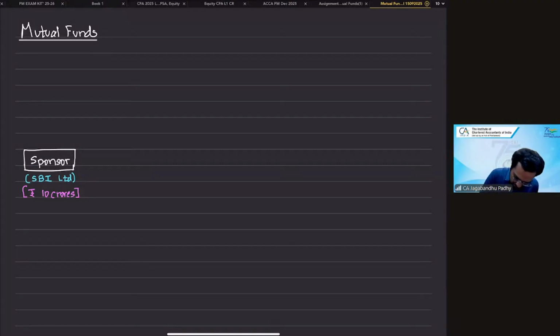So you approach the public at large, and you ask them that, listen, we're going to start with a mutual fund, and that mutual fund is going to be investing into certain category of securities, maybe let's say large cap or mid cap companies. You please contribute to our mutual fund. And the process by which the sponsor approaches the public at large is called NFO, new fund offer.